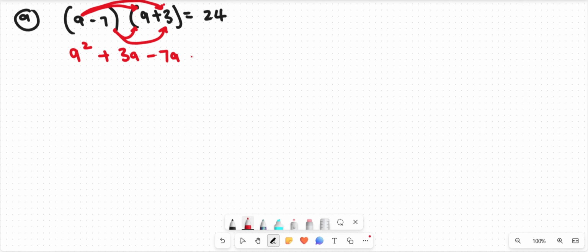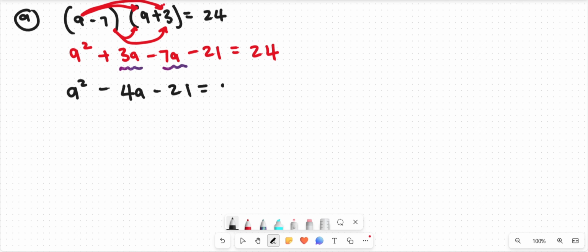Negative 7 times a 3 is a negative 21. So that's the best way to do this. To multiply out those brackets. And what you will notice is that this guy and this guy are like terms. So if you subtract those like terms, you get a negative 4a minus 21 with the 24 on that side.